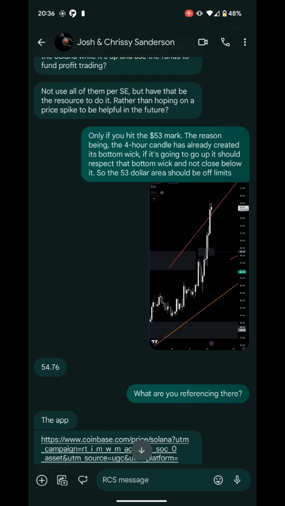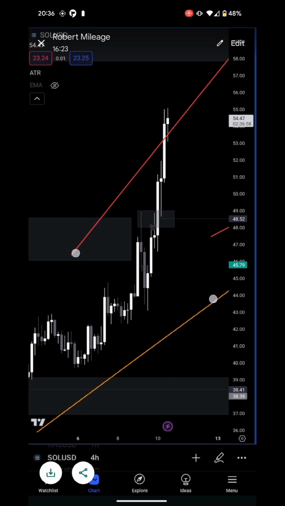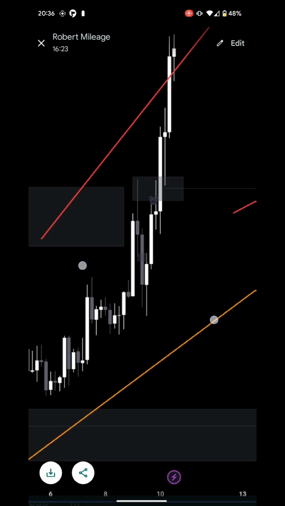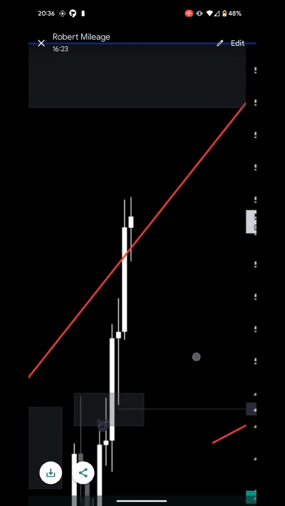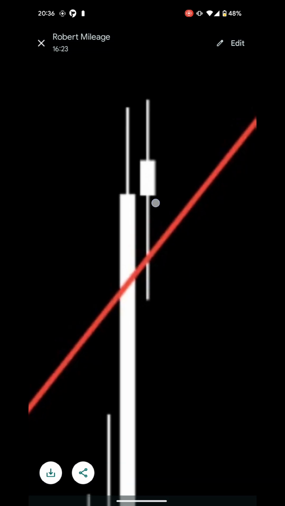What I mean with that is if it dropped to $53, I would liquidate, and here's the reason why, at least from just the way I trade. I'm trying to zoom in. Candles, whenever they start, generally, for the most part, will create the bottom wick first before turning around and going in the direction they want to go.